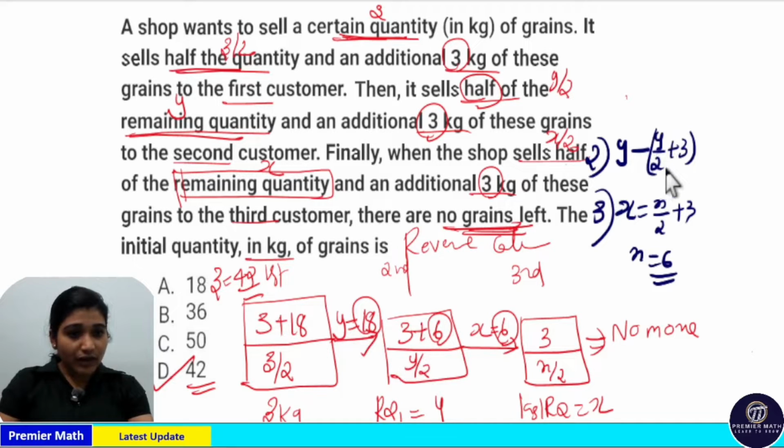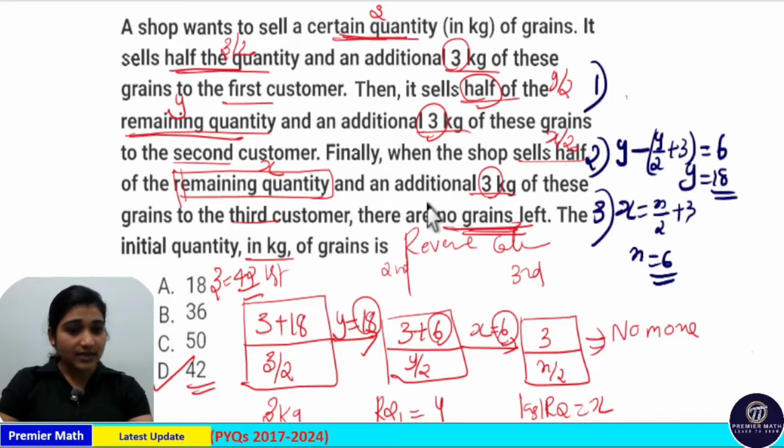Then he is left with 6 kilogram, which means y minus y by 2 plus 3 is equal to 6. Then if you transfer minus 3 to RHS, y by 2 is equal to 9, then y is equal to 18 from this.